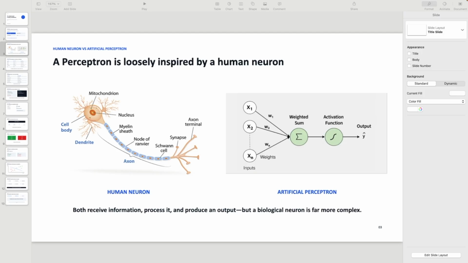Another one is the bias. The bias is a constant value added to the weighted sum, which shifts the decision boundary.